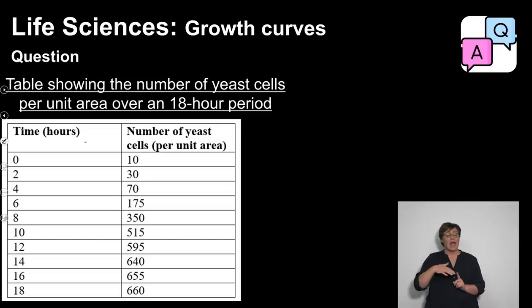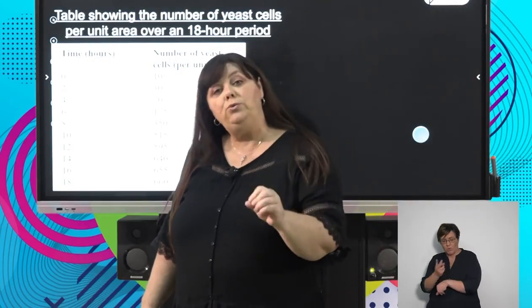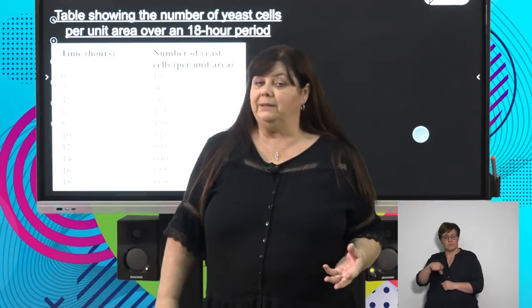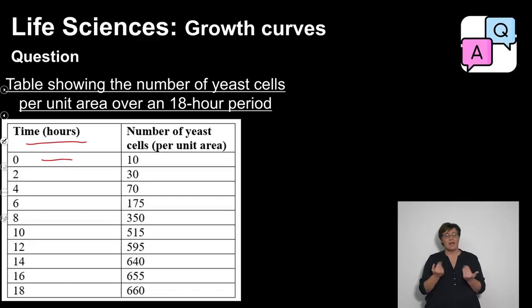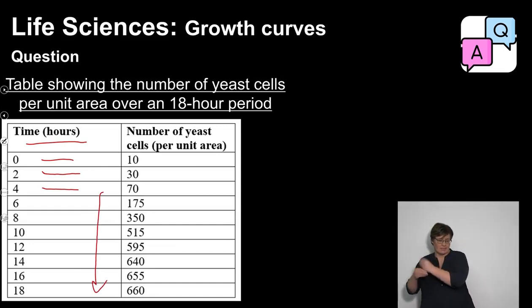One of our variables is time, and this we should expect because we were told that every 2 hours a sample is taken from the population. So we must expect at time 0, 2 hours later, another 2 hours later, and our investigation went on for 18 hours.